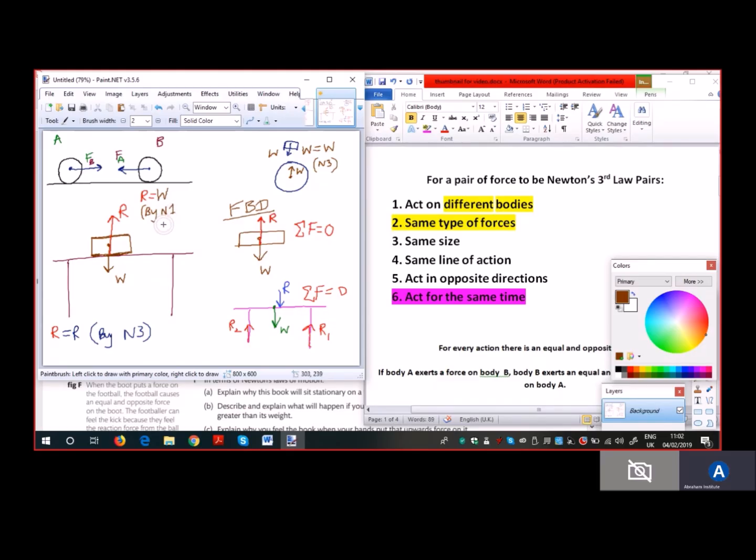Or we can also say it in terms of Newton's second law. If you want, by N2 also we can explain why it is equal. If you say by Newton's first law, you can see it is stationary. It is in equilibrium, the book. The book is in equilibrium because the resultant force on the book is 0. This is for the book.